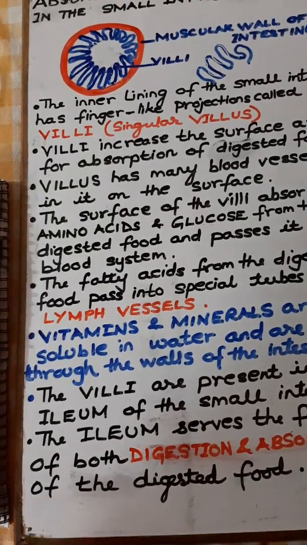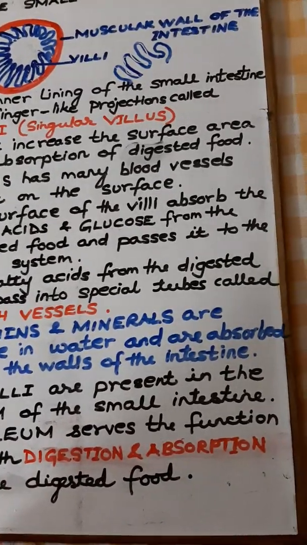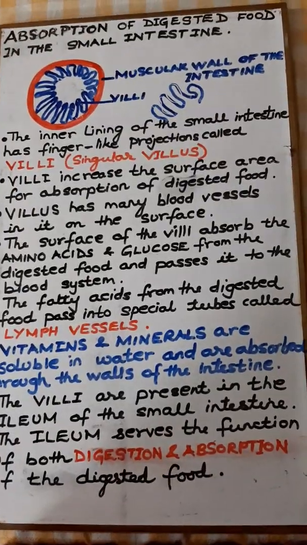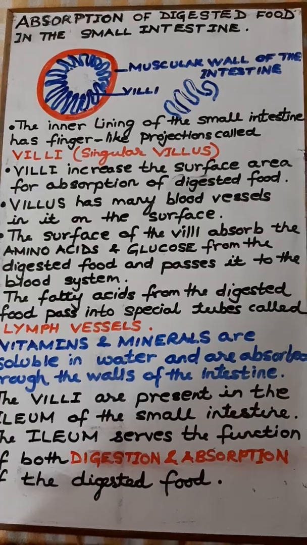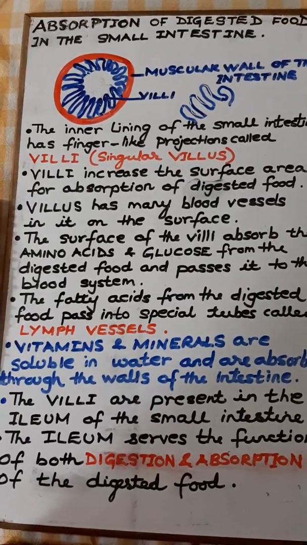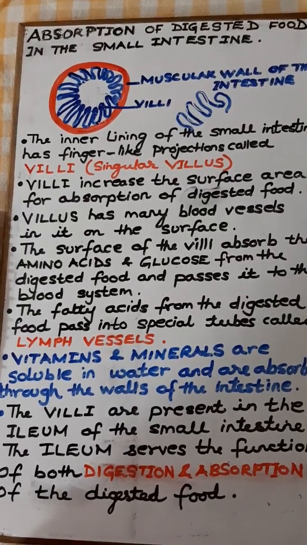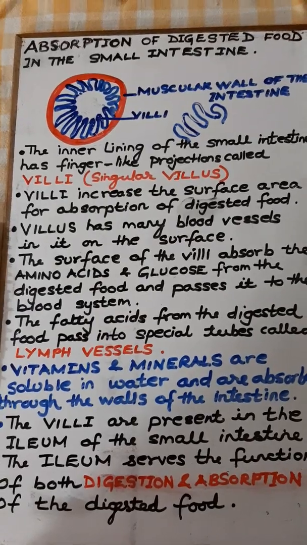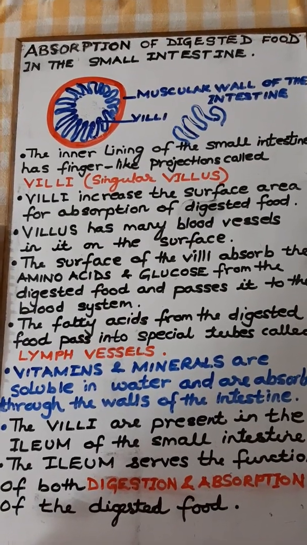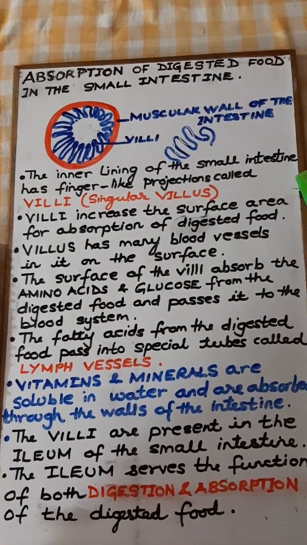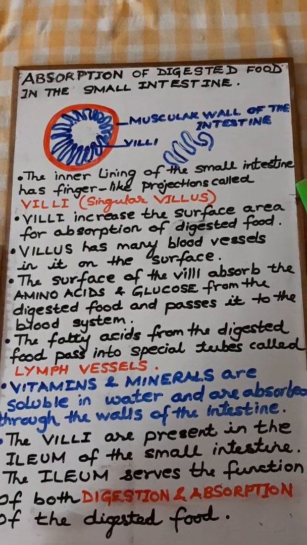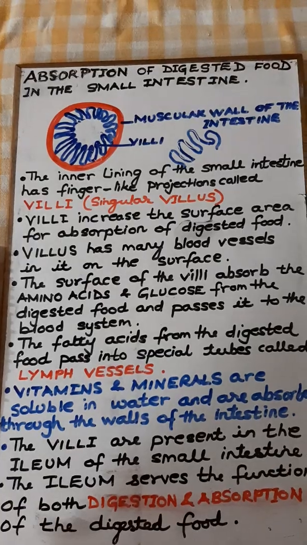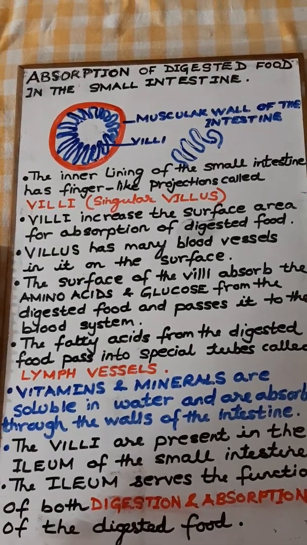Now, the villi are present in the ileum of the small intestine. Where are they present actually? The ileum, the last part of the small intestine. So the villi are present over there. Now, what function does the ileum serve? Both digestion and absorption of digested food.